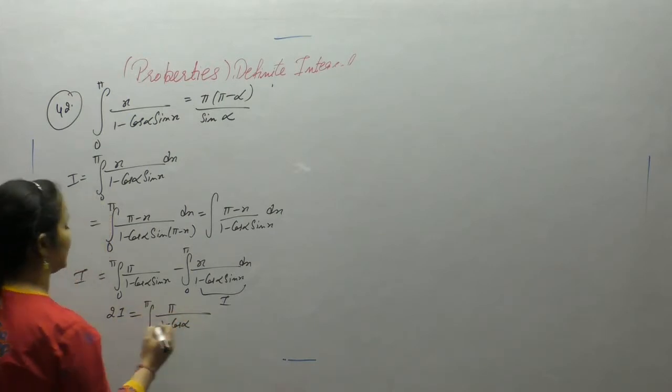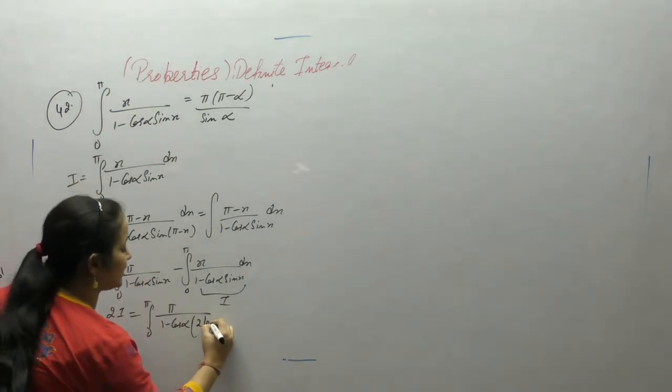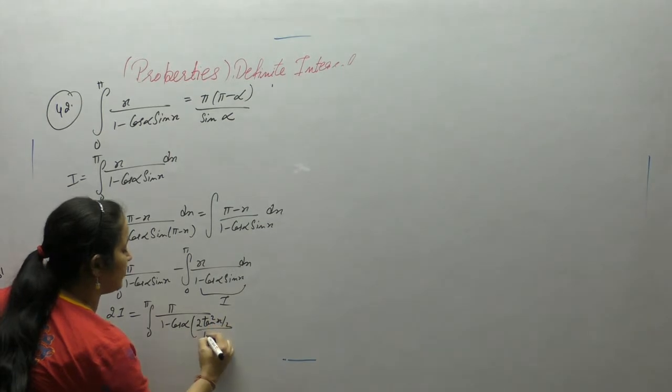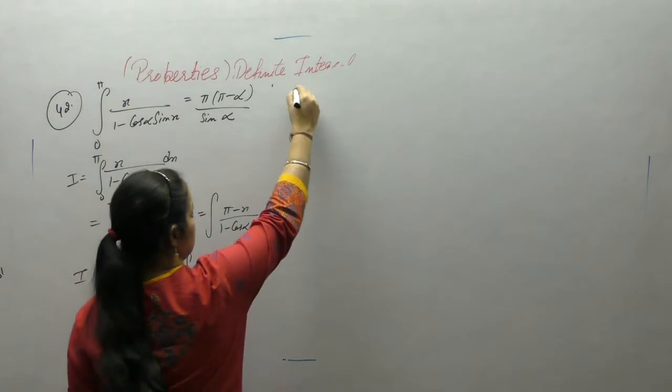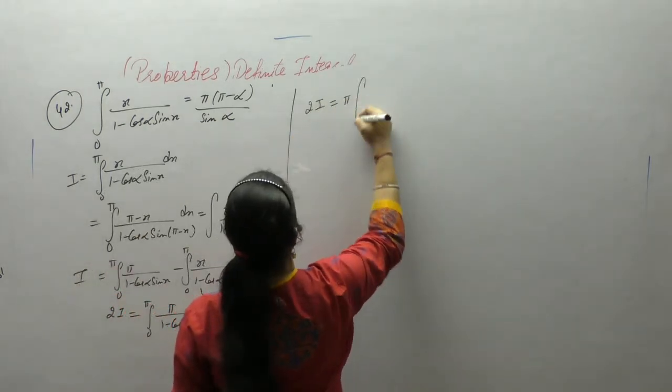In this integral, instead of sin x, we use the value 2 tan x by 2 upon 1 plus tan square x by 2. Pi is constant.